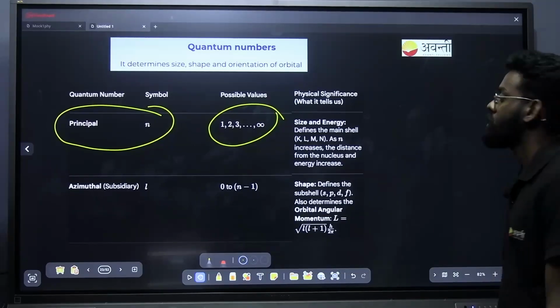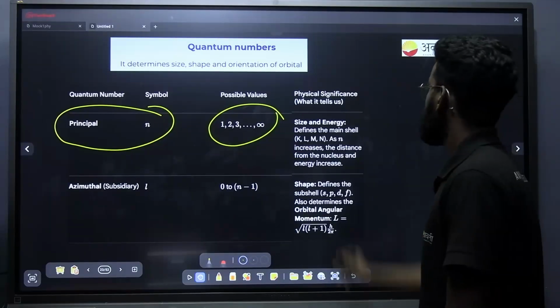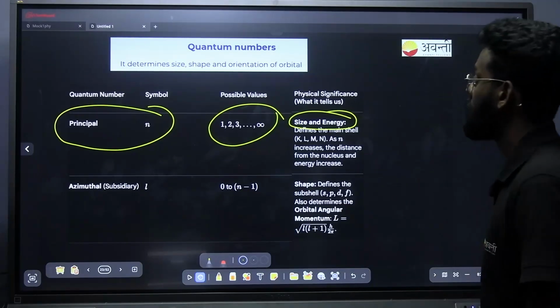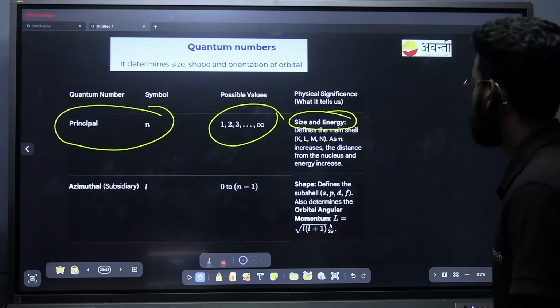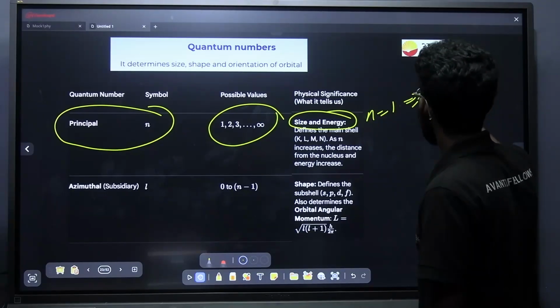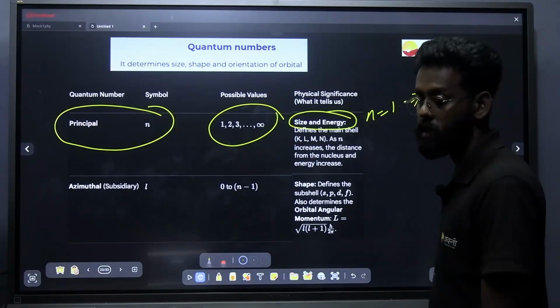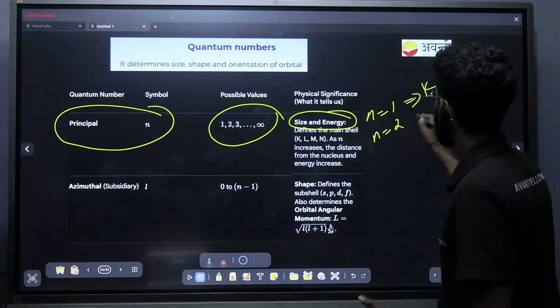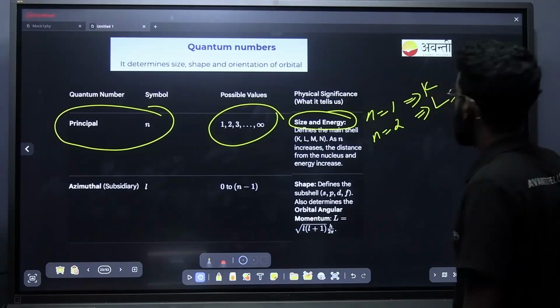This principal quantum number tells you about the size and energy of an electron in an orbit. If n is equal to 1, it belongs to the K shell. That is the country, we can say. If n is equal to 2, it belongs to another country, the L shell.